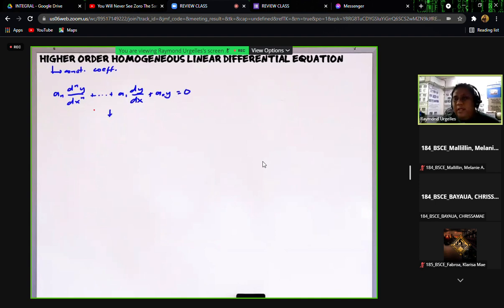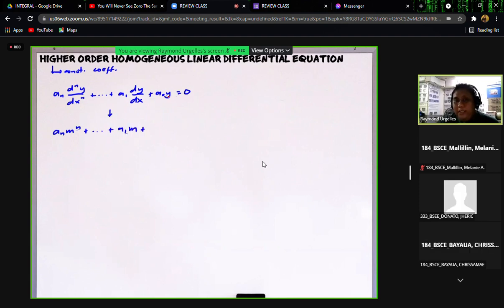So ililipat natin to sa characteristic equation niya, diba? So in which case yung characteristic equation natin is given by, so again, so A sub n, so again we just copy the order, so M to the N, diba? So and so on. So again, so A sub 1, so then ang order nito is 1, so kaya M lang. So then order nito ay 0, so kaya A sub 0 lang yung mapapasama. So is equal to 0, diba?